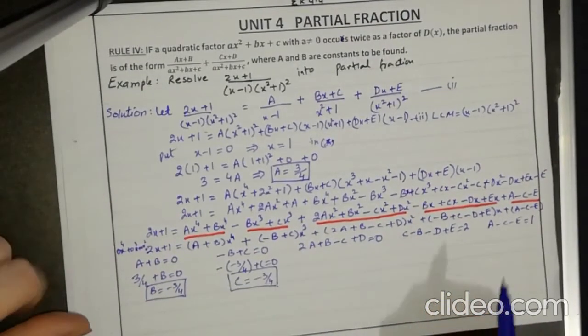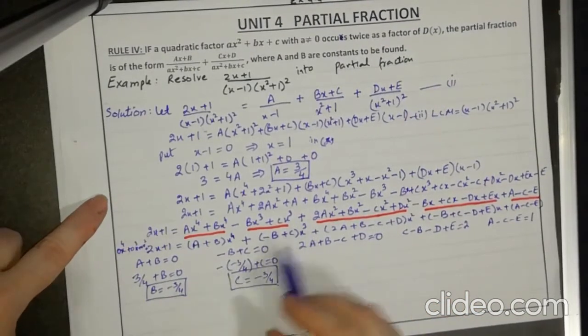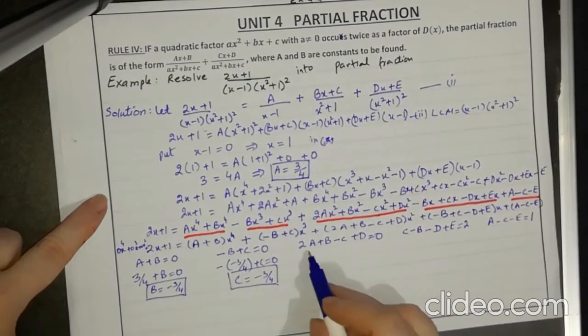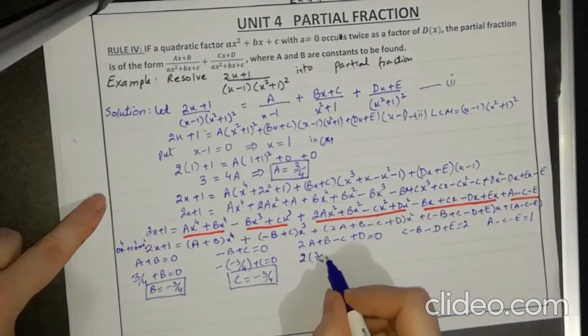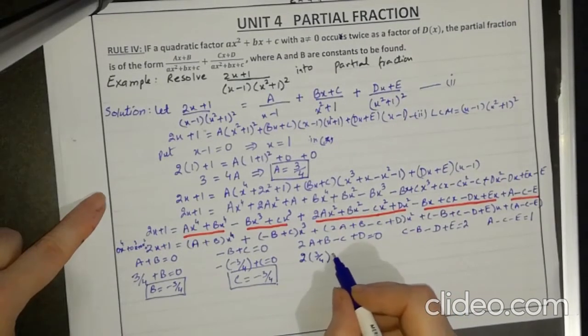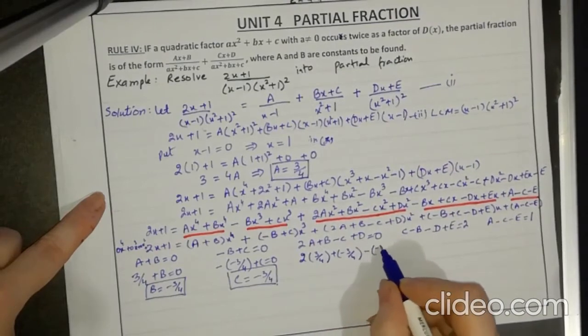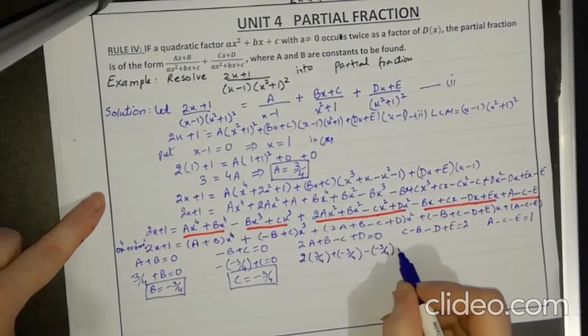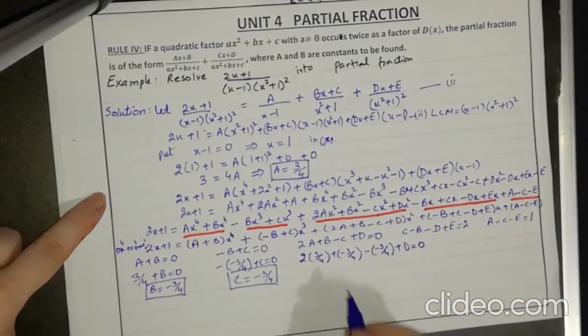So after that you will compare this. We have a, b and c. So let's put a, b, c values here: 2 times 3 by 4, value of b is minus 3 by 4, value of c is minus 3 by 4, plus d is equal to 0.